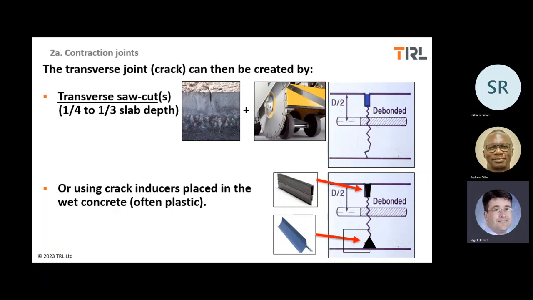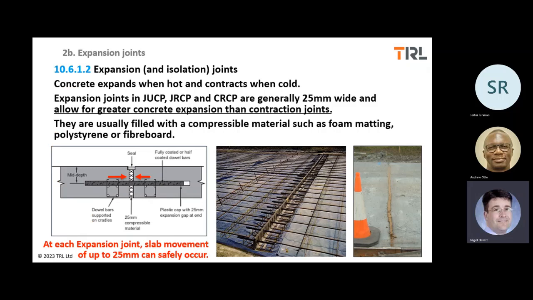And in the next slide, the expansion joint width you have shown is generally 25 millimeters. But I think it depends on the length of the slab, as well as the temperature variation and the coefficient of thermal expansion of concrete. It should be calculated.